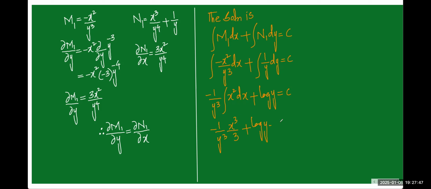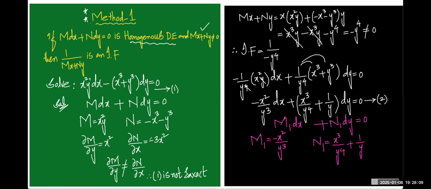That is your final answer of this problem, which was a non-exact differential equation. In this case, we don't need to multiply it with 3, that's your choice. No need, actually. After integrating, you can stop your process. Already the problem itself is a lengthy process.